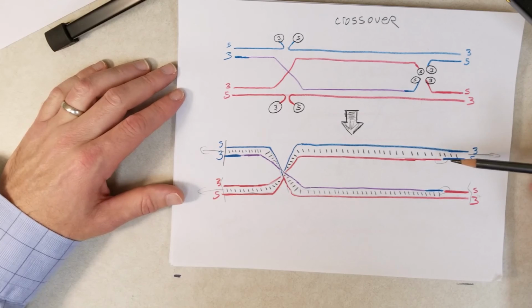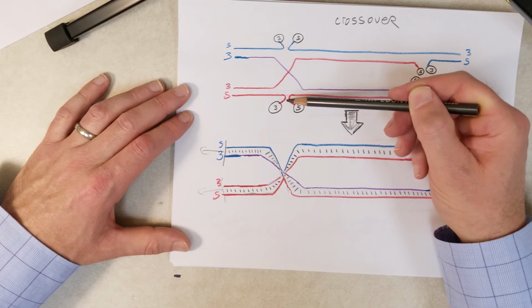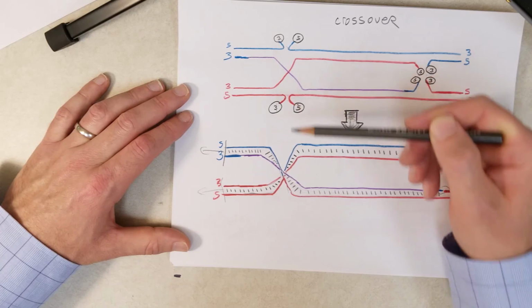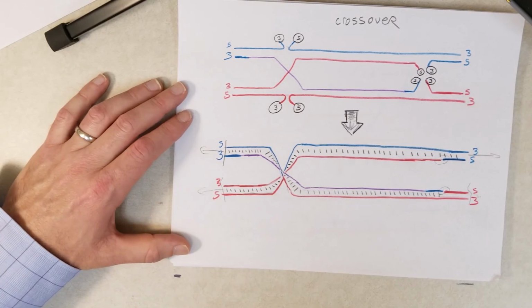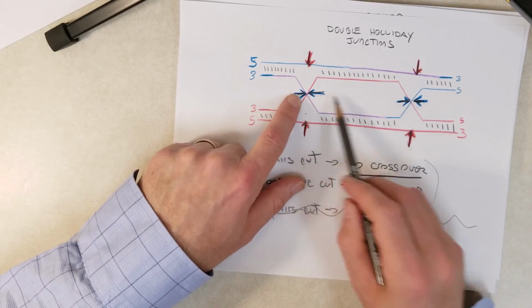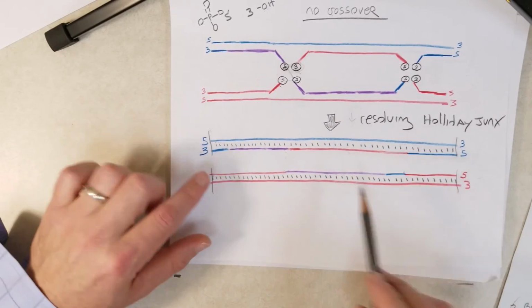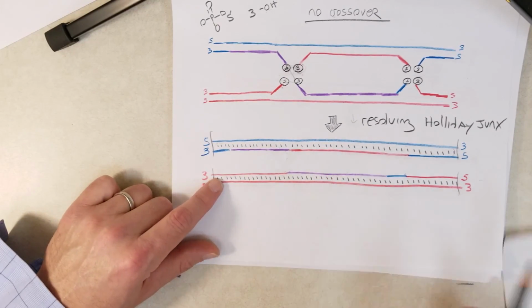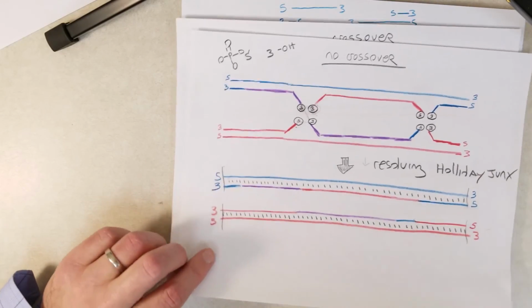Okay, I hope you can see how cutting here and ligating them like this results in a crossover. But cutting at both blue arrows here results in no crossover. I hope that wasn't too confusing.